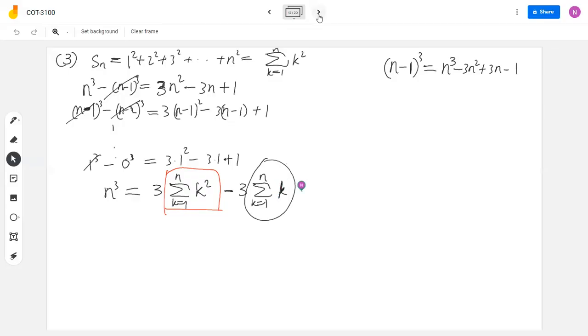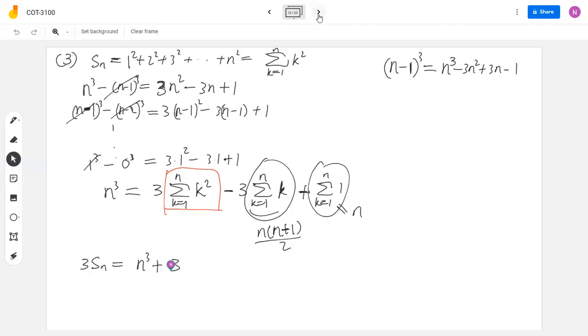Okay, plus the summation of 1, k equals 1 to n. And this is nothing but n. But this time, this one is n times n plus 1 divided by 2, this summation. And therefore, what we have here is 3 times Sn equals n cubed plus 3 times n times n plus 1 divided by 2 minus n.